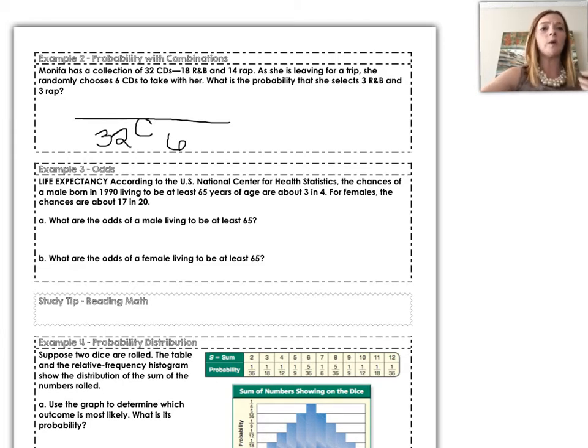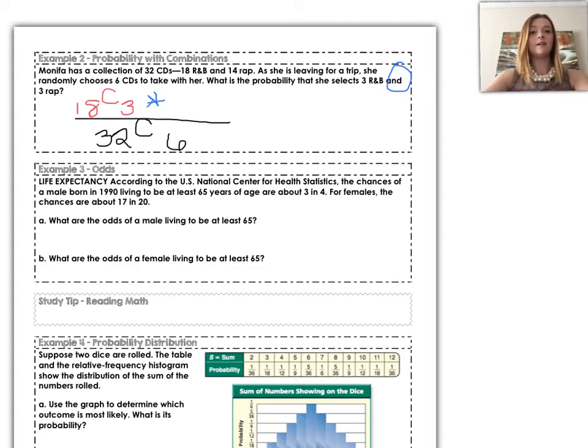Now, in the numerator, I have my specific situation. Now, my specific situation, I have 18 R&B CDs, and I'm going to be choosing 3 of them, okay? One of the key words here that I'm noticing is this word and. And means I have both of these things occurring, which means they are going to affect one another, and therefore I must multiply them, okay?